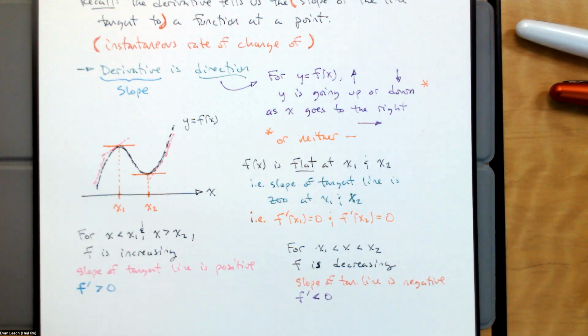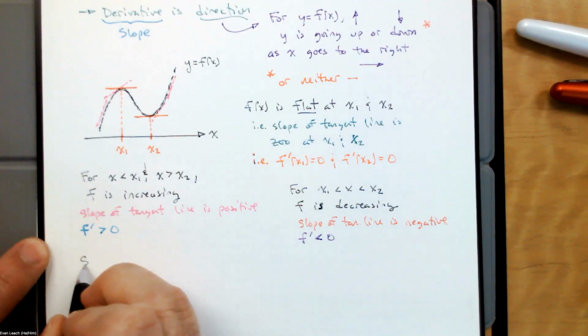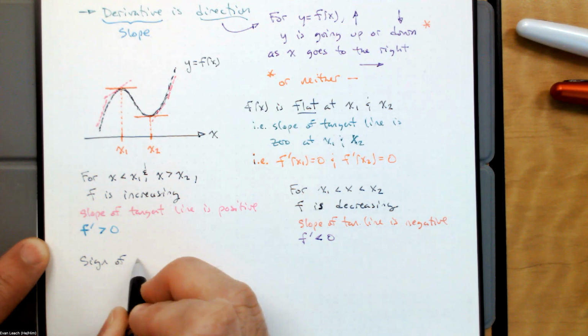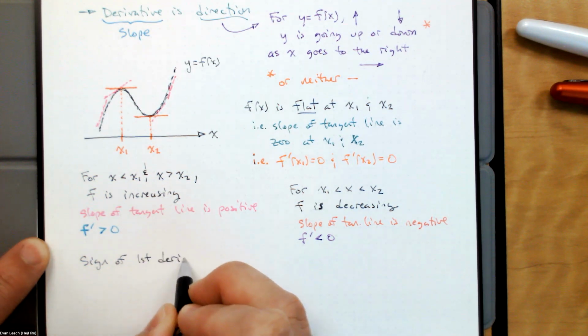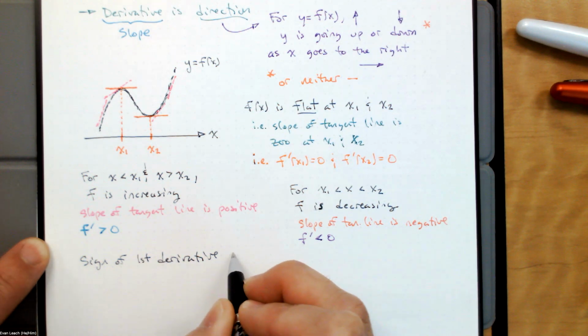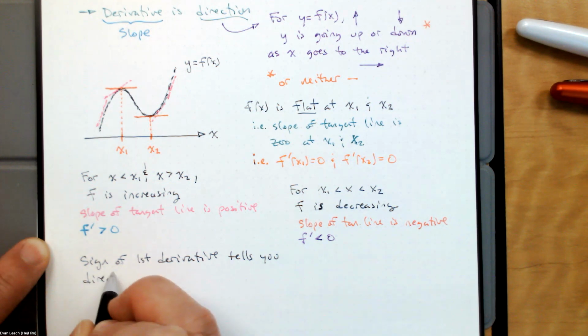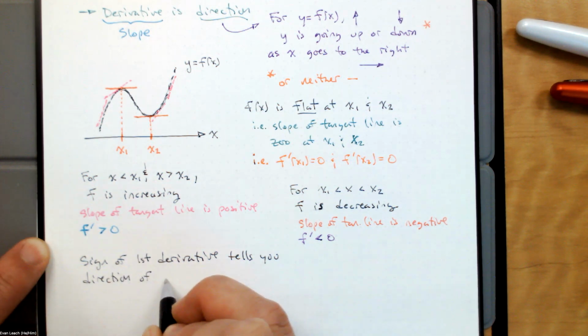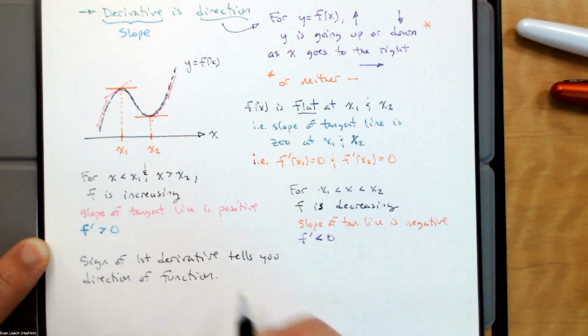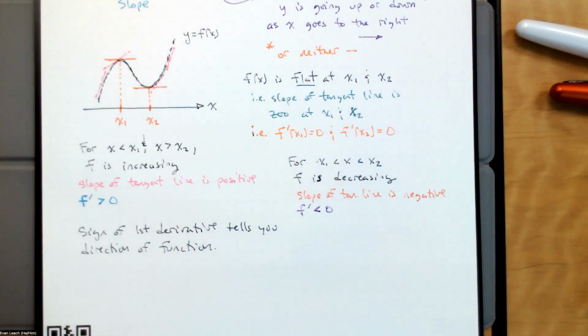The sign of the first derivative tells you the direction of the function.